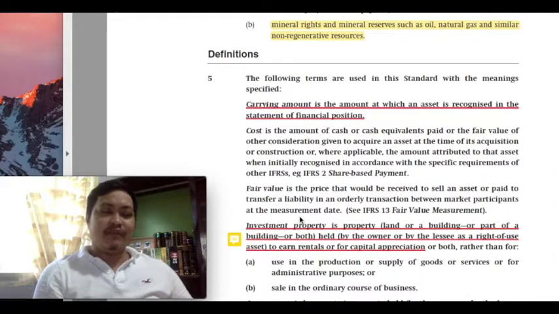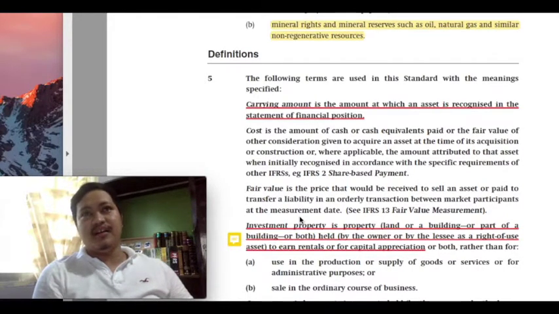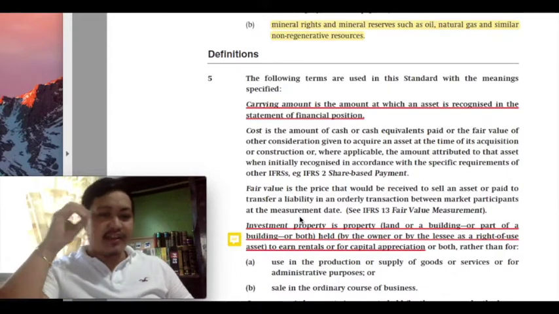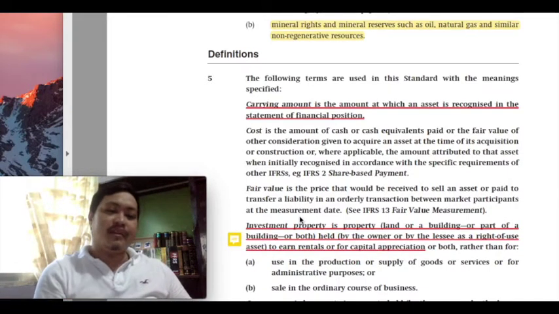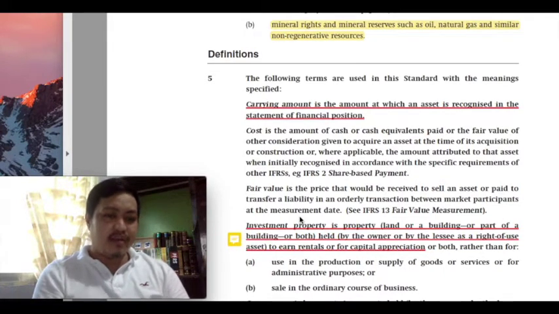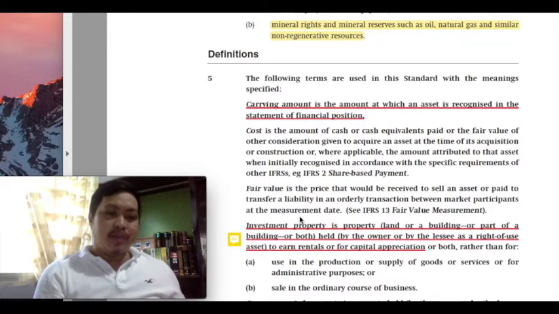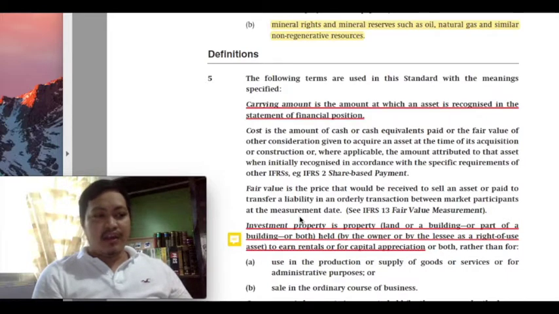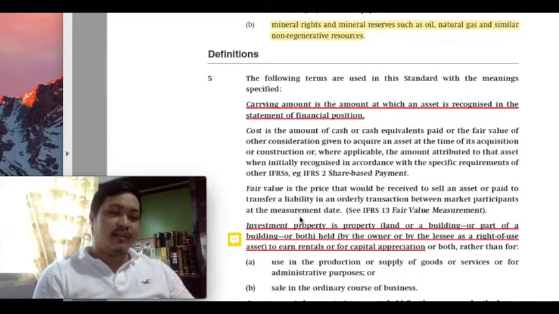So from the name itself, class, it's called investment property. So it suggests that this is a property held for investment. And if we're talking about investment, class, the type of income that we expect would mostly be passive income, meaning we do not have to be actively engaged in earning the income from the asset, class.